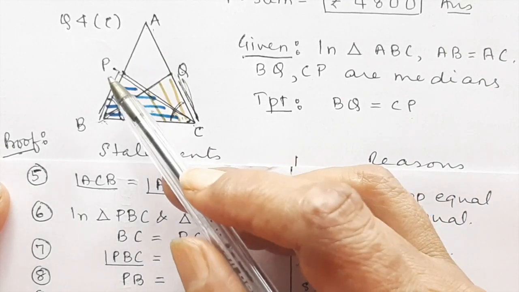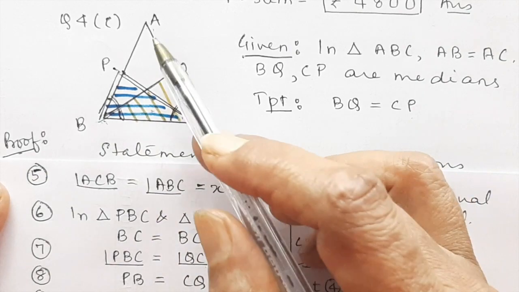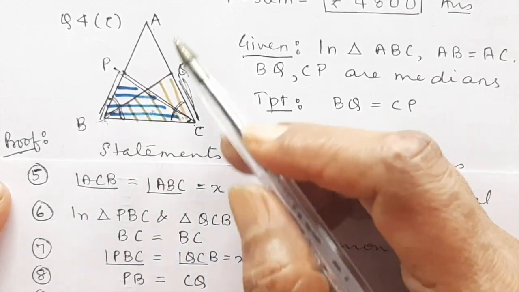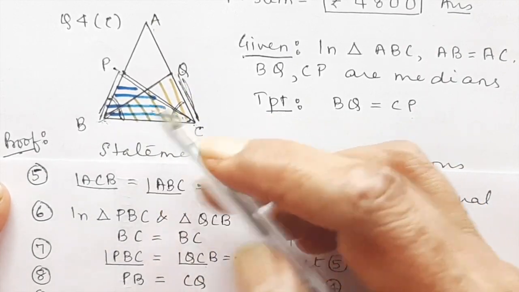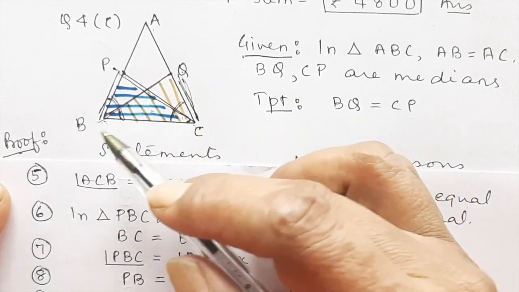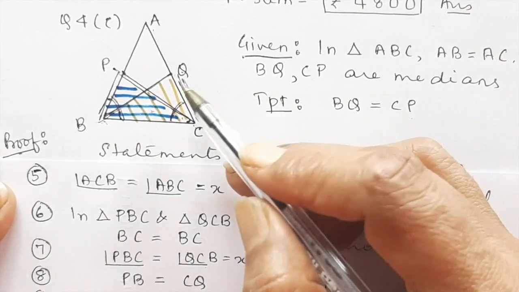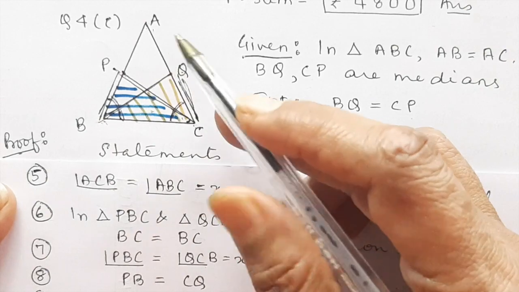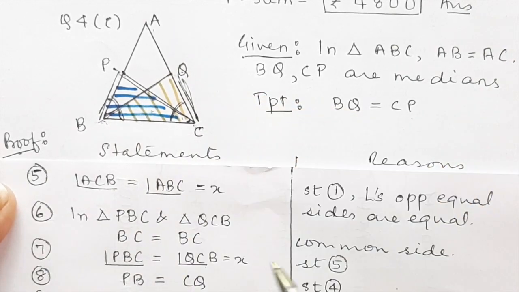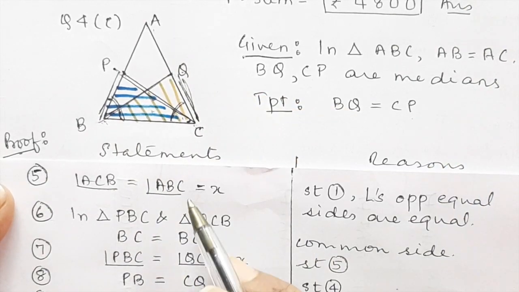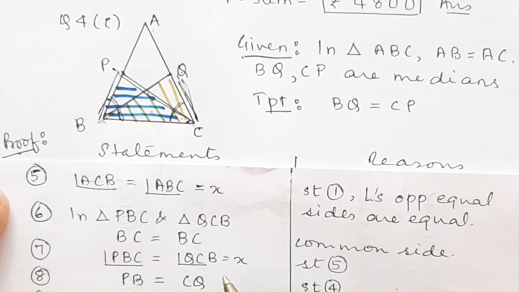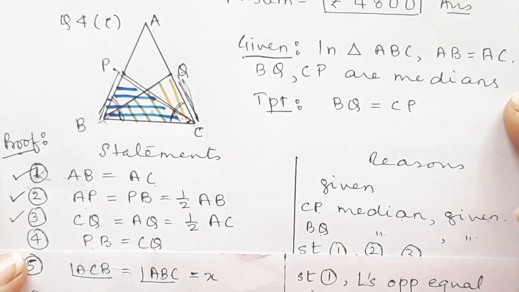Then angle PBC, which is ABC actually, is equal to ACB angle, which is QCB, the same thing, is equal to QCB, which is the same as ACB. That is your statement number 5. See there, this one. And the 8th statement will say that PB is equal to QC, which was statement number 4. That is here. Can you see that?